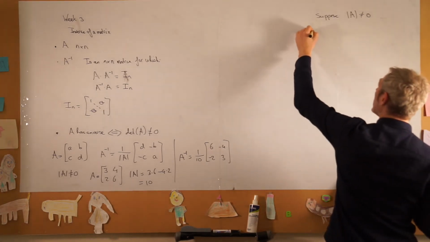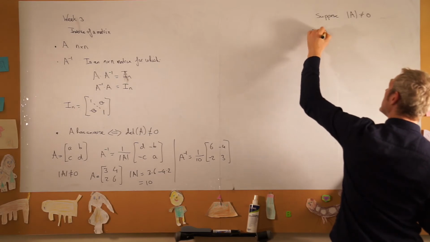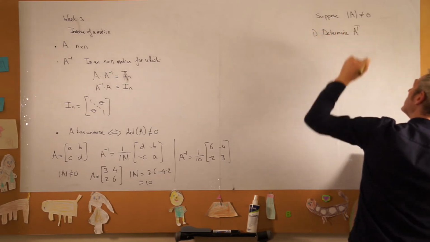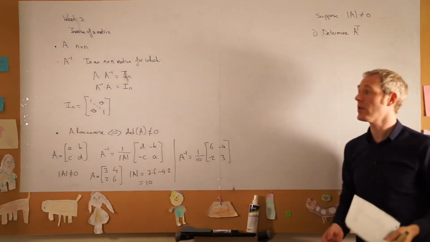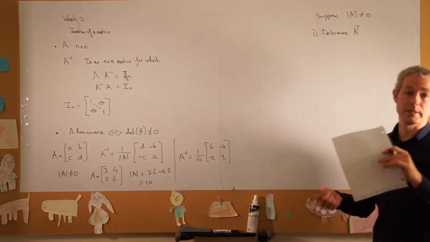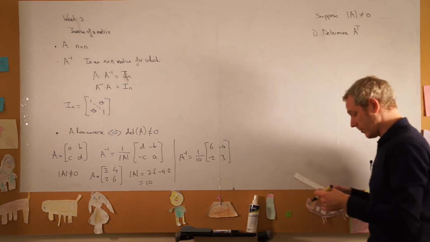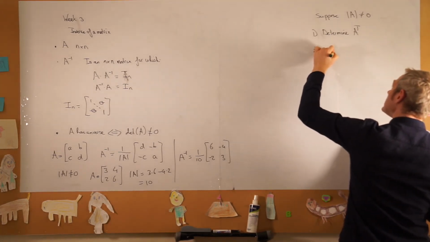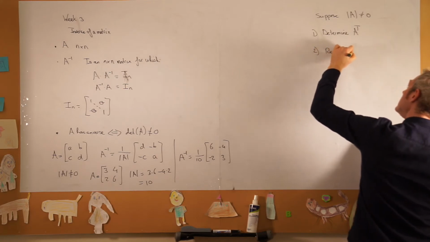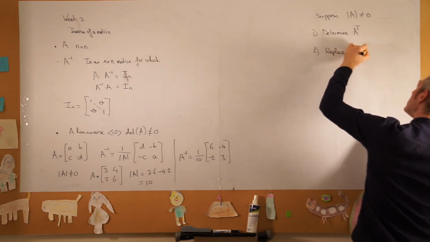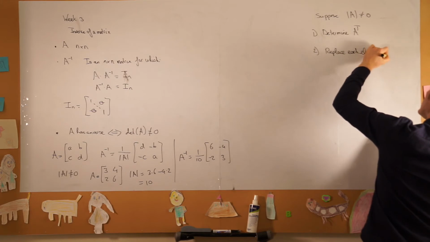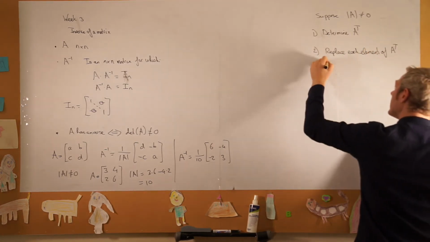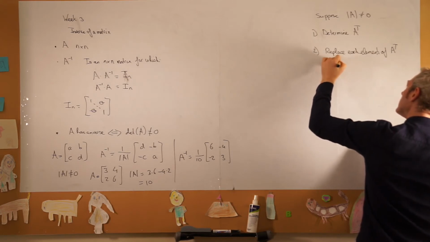So step 1 is determine the transposed matrix of A. We know how to calculate the transpose, basically turning every row into a column. Step 2, replace each element of A transposed by its cofactor.